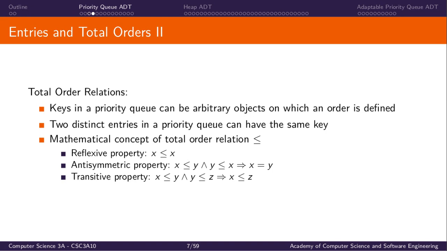And we already said that we allow keys to be of any type. So the one caveat is that they have to be able to be compared. We have to actually be able to define an order on these keys to be able to find a min or a max.